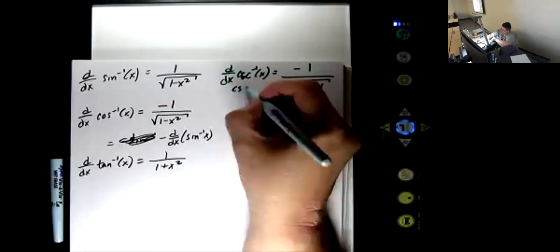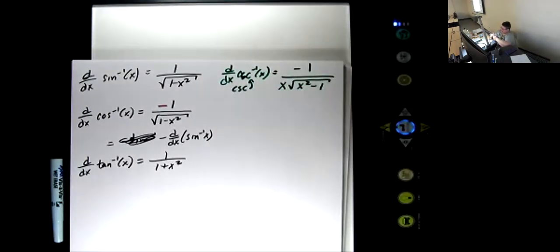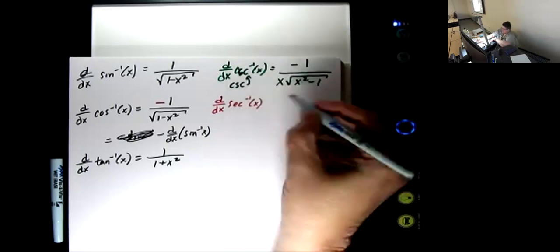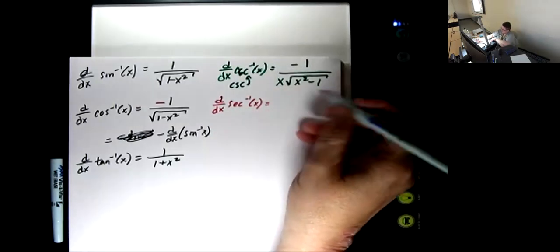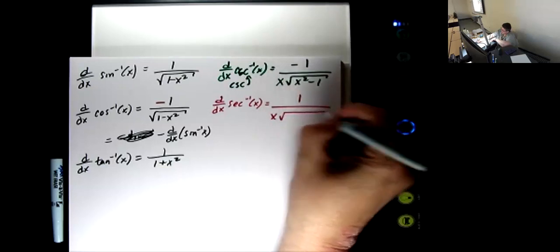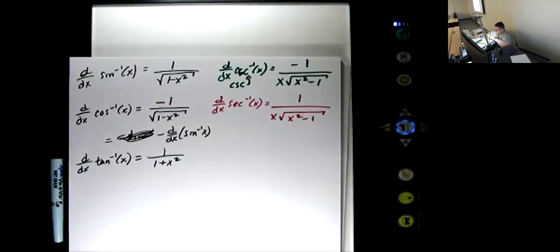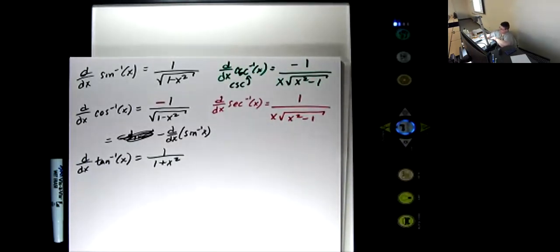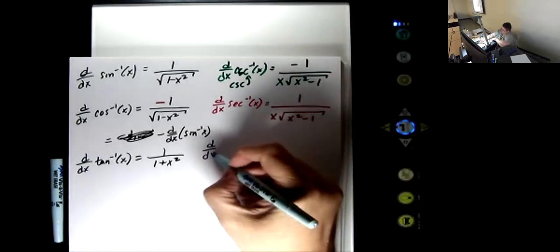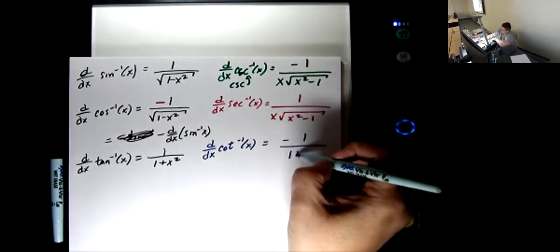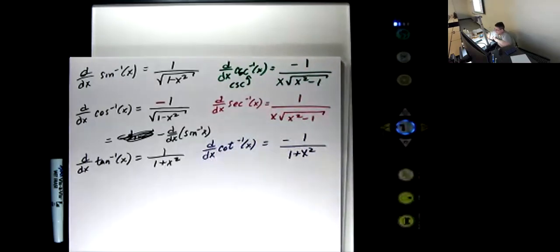It should say cosecant right there. The derivative of secant inverse x: just like sine inverse and cosine inverse are different by a minus sign, so are cosecant and secant. And finally, we have cotangent, -1 over 1 plus x squared.